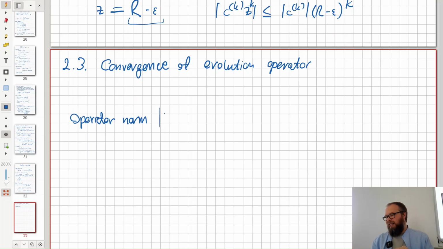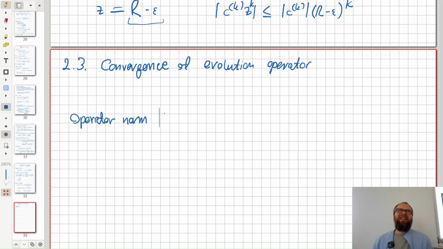The idea is that the norm, how big your operator is, is how much it stretches the vectors it acts on. My operator is big when it makes vectors big. It's small when it makes vectors small. If it shrinks vectors, you would say my operator is small. If it makes them big, it's big.